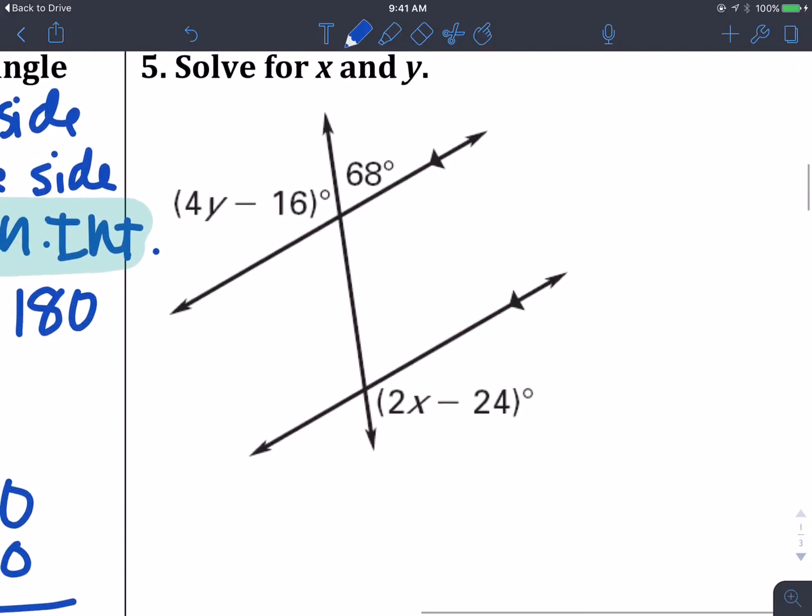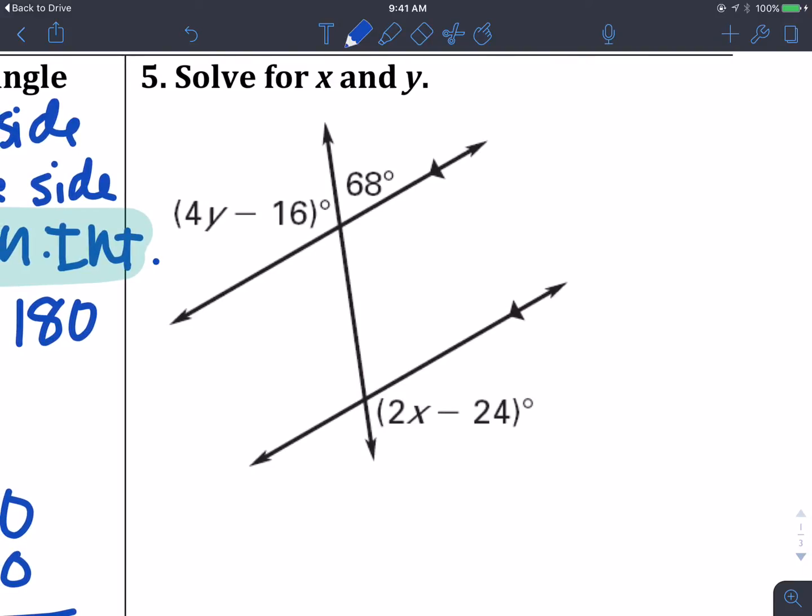In this one, we do not have to state what kind of angles they are, partly because we have two different types of angles. So we know this angle is 68. Like I was talking about before with our acute and obtuse, the angles we're trying to find, neither of these are acute, but the 68 is. So neither of these angles equal 68.